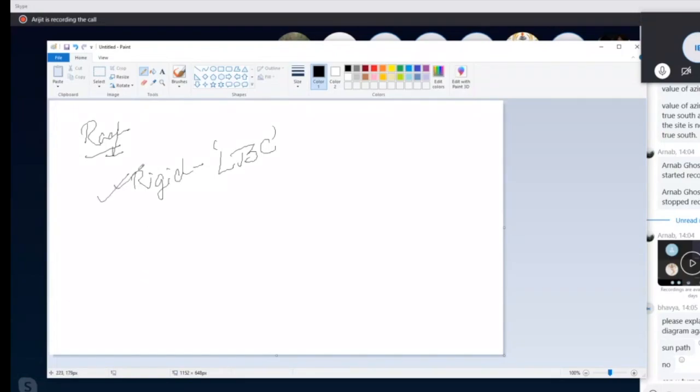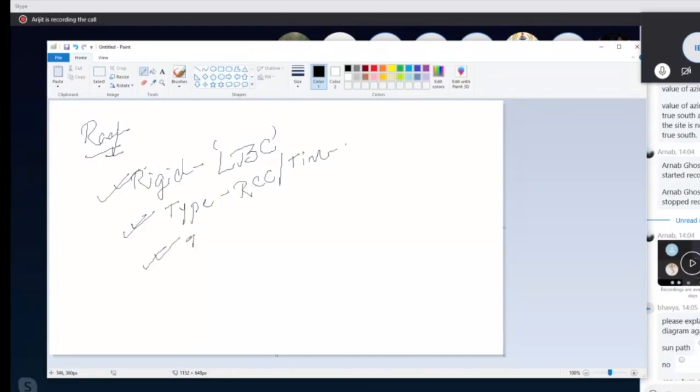So the first would be our LBC. We need to go to the customer and ask for the LBC, the load bearing capacity, or we need to check it ourselves, and check how old the customer's roof is. Next is the type of the roof, whether it's an RCC roof or a tin shed roof.